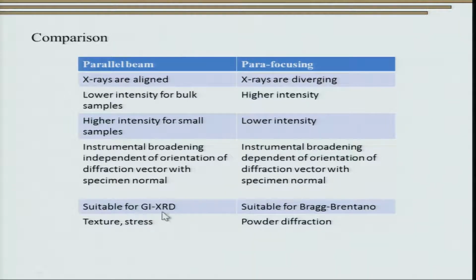We will cover this GIXRD part in the next lecture, but keep this in mind that the entire spectrum of diffraction can be covered just by playing with the optics and the source used in a normal diffractometer. So, having said that, now let us look at what exactly happens once the X-rays have interacted with the sample.